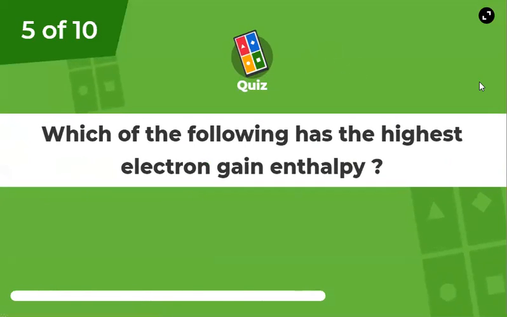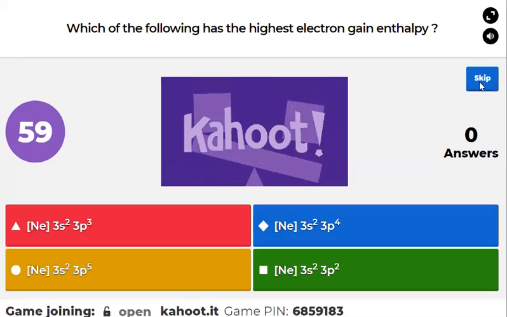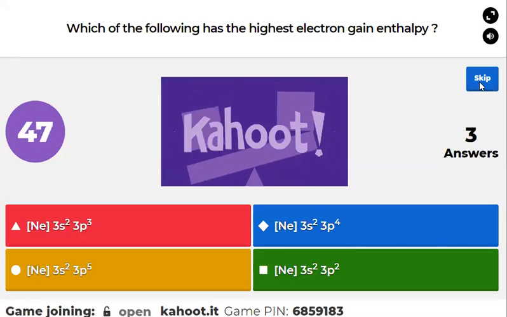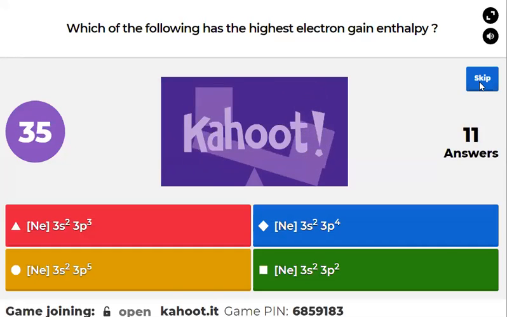Which of the following has highest electron gain enthalpy? Tell me, highest electron gain enthalpy.